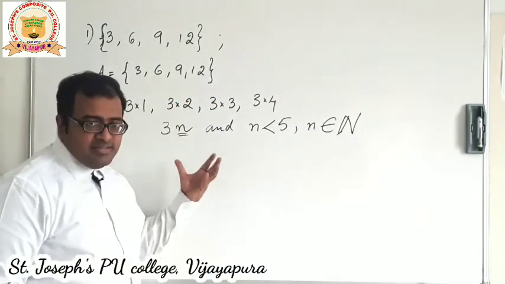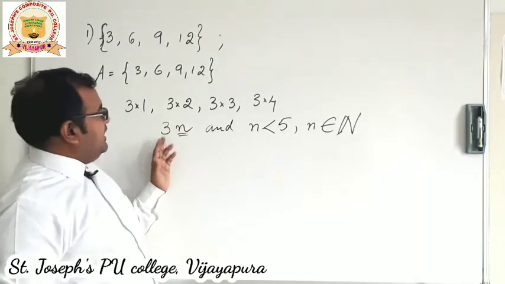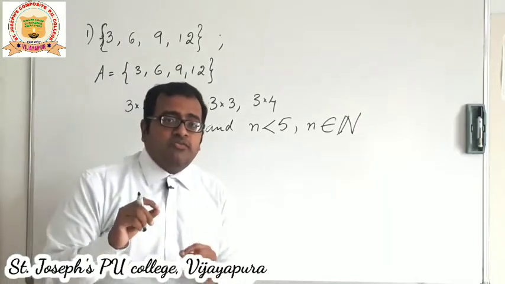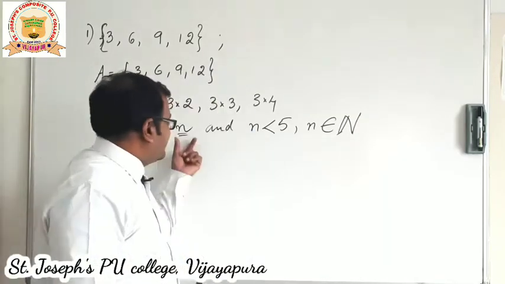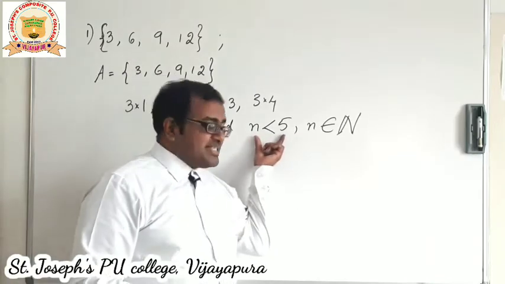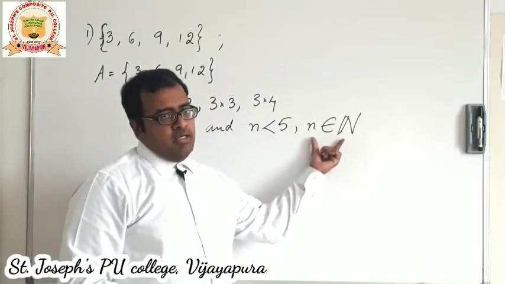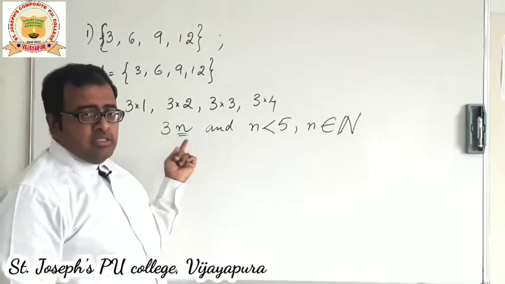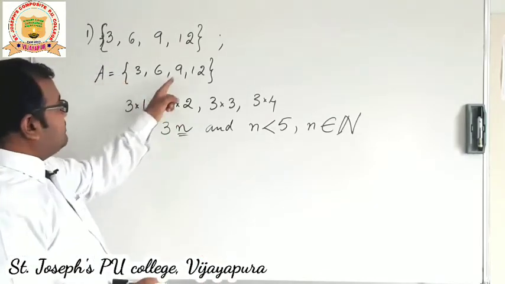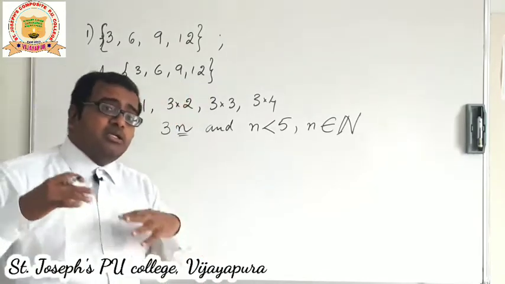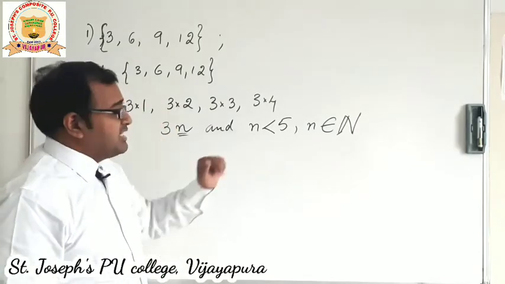So do you understand this? What is it given? 3n, any number which looks in the form of 3 into something, where that something should be strictly lesser than 5 and a natural number. If you look at all these conditions, only these numbers will satisfy the condition. Any other number you take from outside will not satisfy.